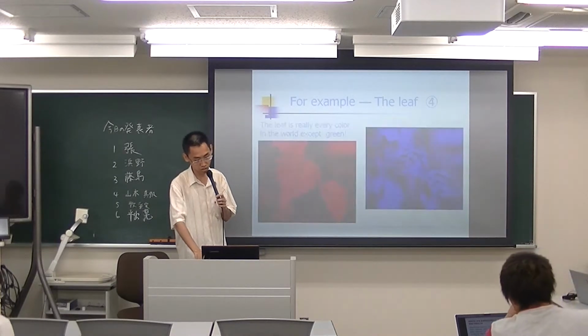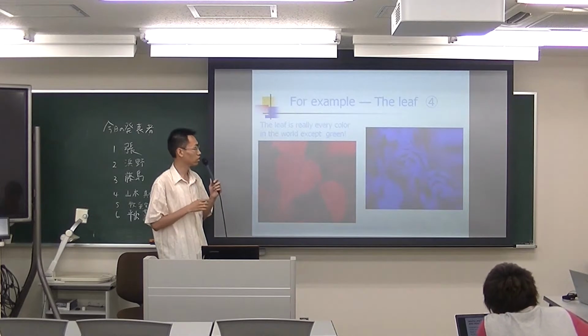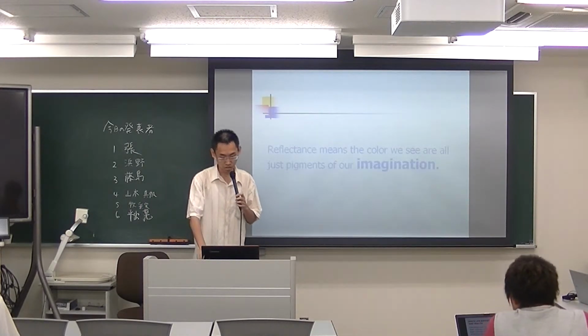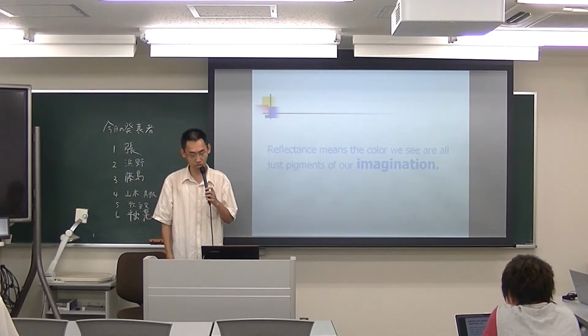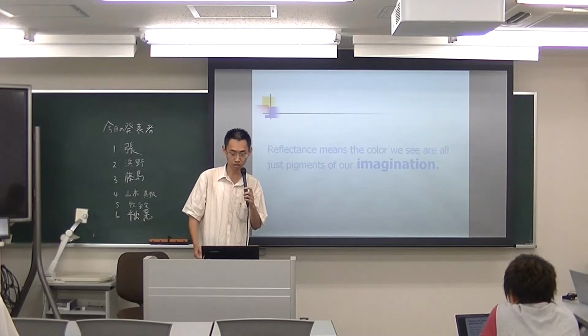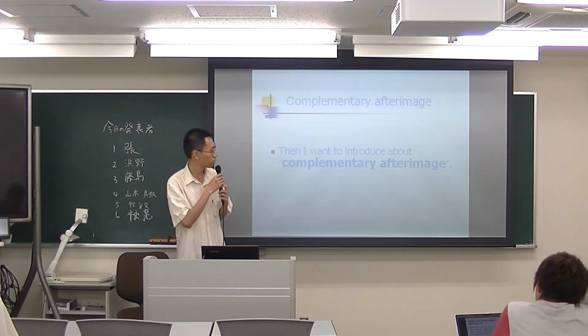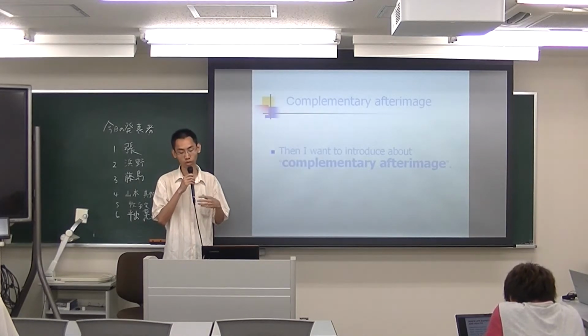So in a sense, the leaf is really every color in the world except green. And reflections mean the colors we see are all just pigments of our imagination. So we already know what color is and how we can see color.